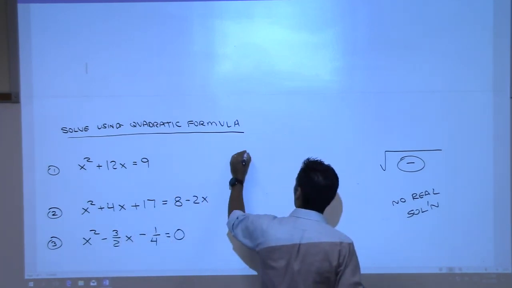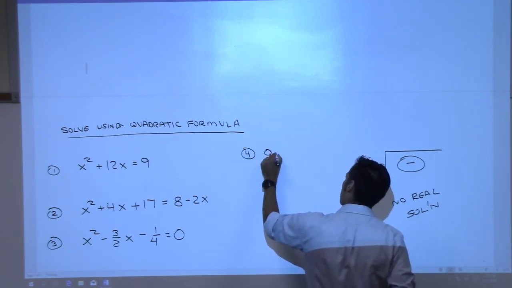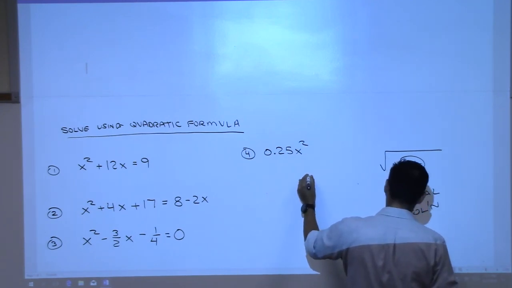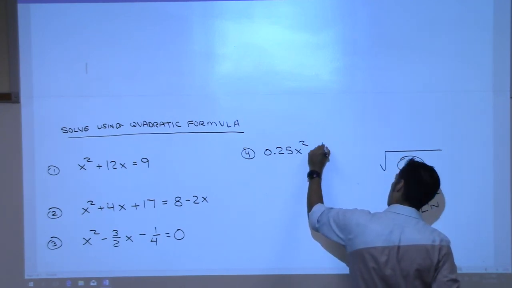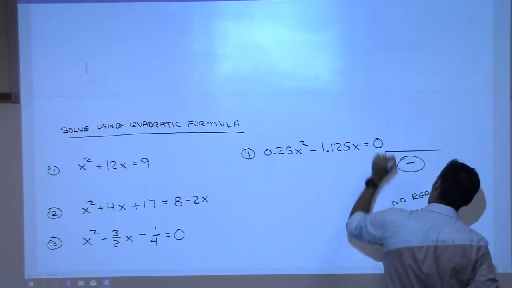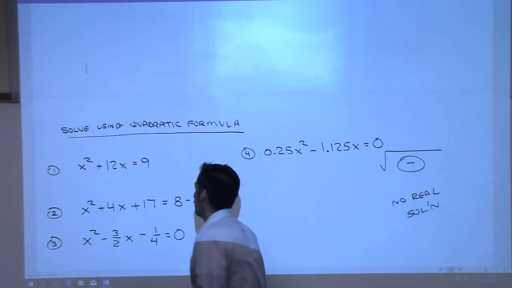And the fourth and final one, let's put one in here with a decimal. All right, there you go. So let's work on that. You can work together.